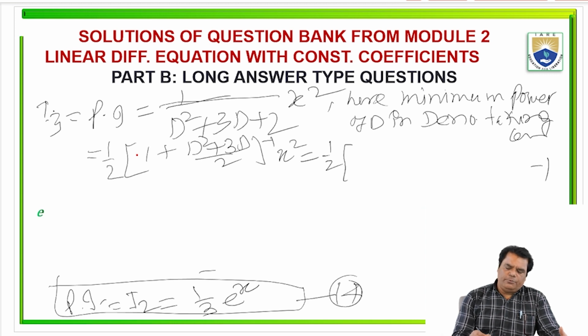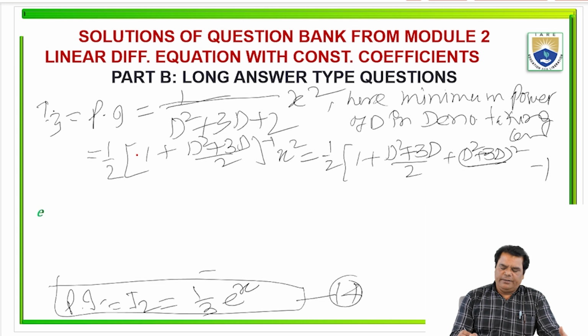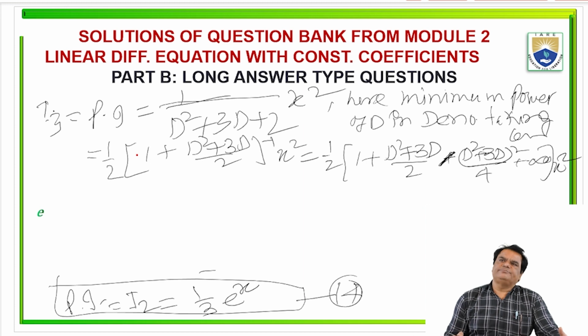This opening by binomial: 1 minus (D squared plus 3D) upon 2 plus (D squared plus 3D upon 2) whole squared, minus, alternate sign is there. Okay, so here is plus up to infinity, into x squared.